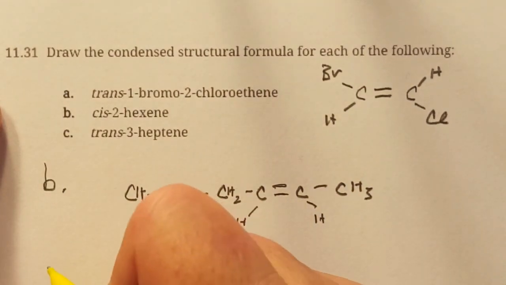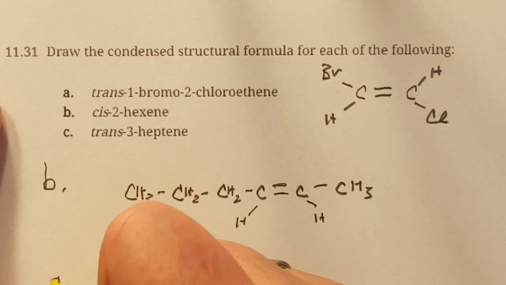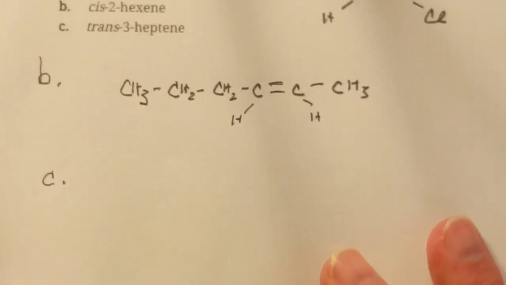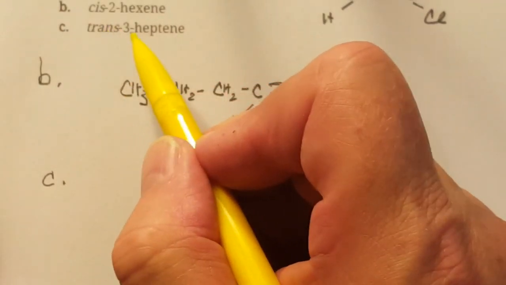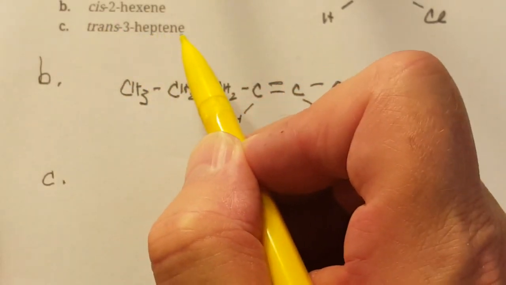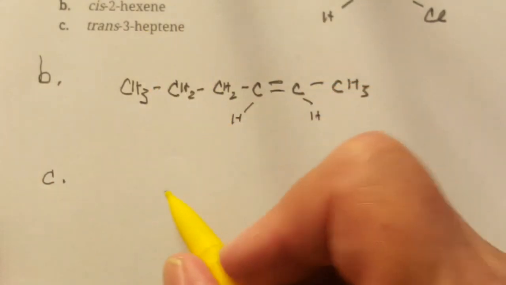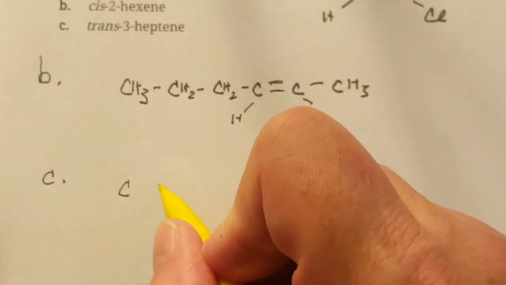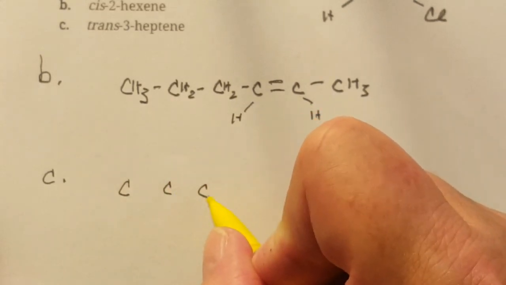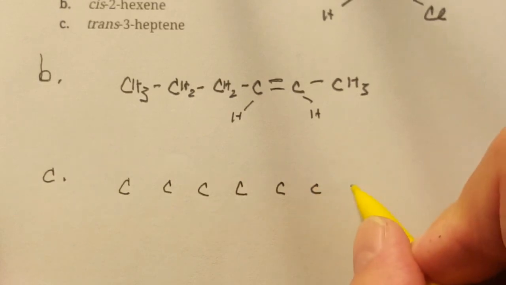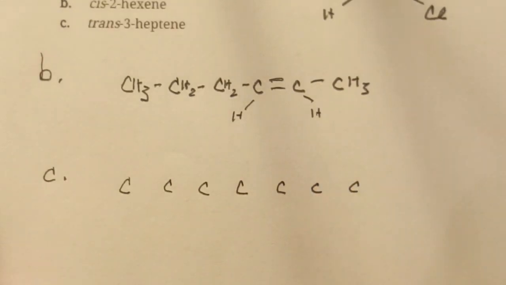Okay, let's try C. This is going to be trans-3-heptene. So this is a heptene. Hept is 7. 1, 2, 3, 4, 5, 6, 7.